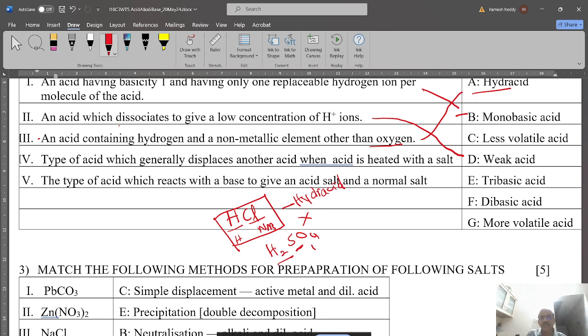Oxy acids: the one which contains oxygen is known as oxy acids. Okay.